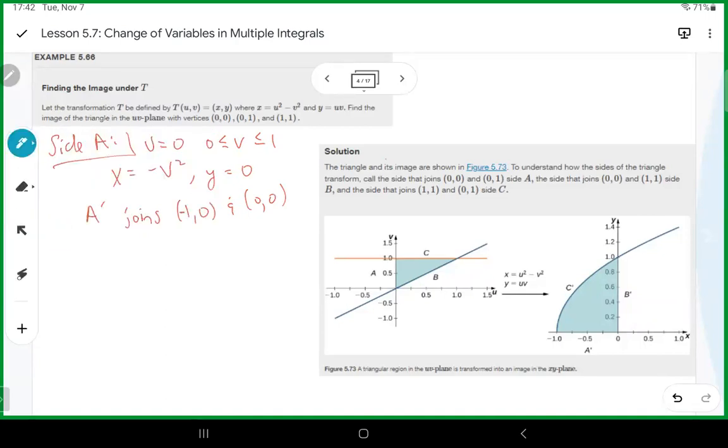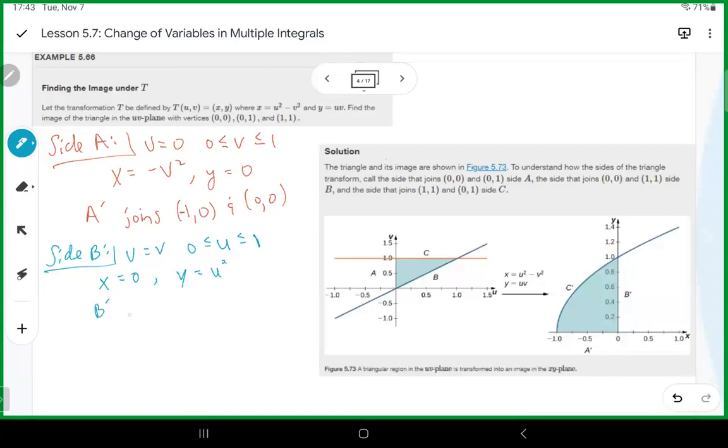For the B side, that transforms to x equal to 0, y equal to u squared.